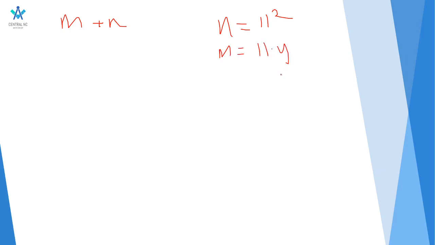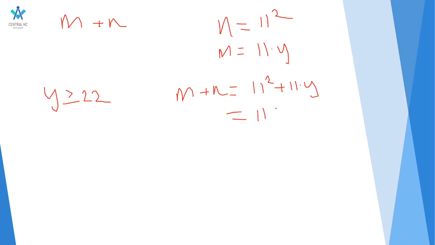And so from the last slide, we got that y is greater than or equal to 22 for this to work. So summing these, m plus n is equal to 11 squared plus 11 times y, which is also equal to 11 times (11 plus y).